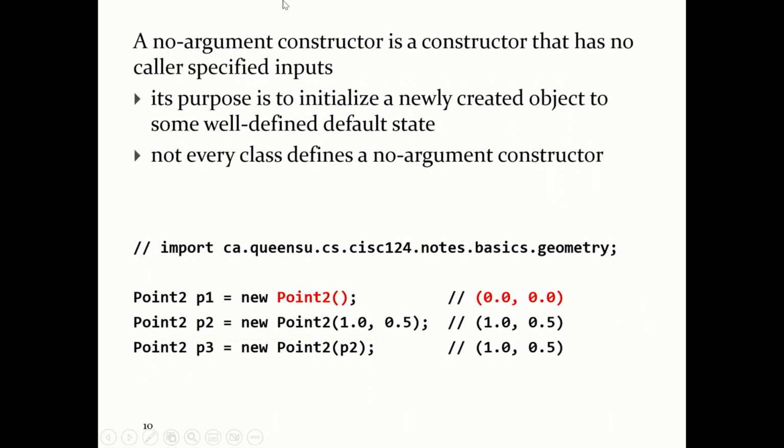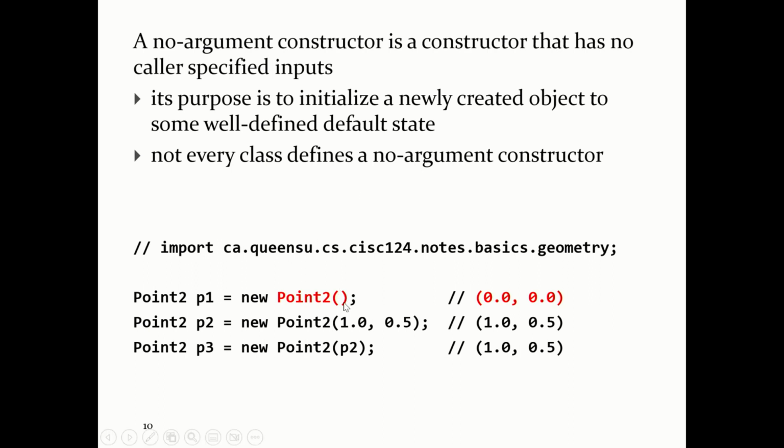Many classes, not all, have a no argument constructor. The no argument constructor is the constructor that has no arguments. The no argument constructor for Point2 is just Point2 and then nothing inside the round brackets. What's the purpose of that constructor? It initializes a newly created object to a well-defined default state.